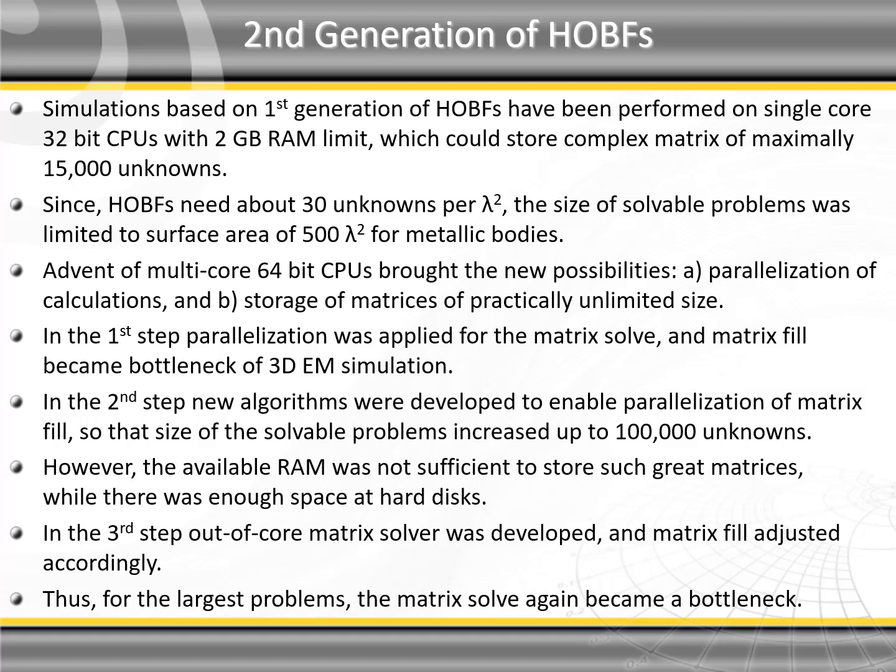In the second step, new algorithms were developed to enable parallelization of matrix fill, so the size of solvable problems increased up to 100,000 unknowns. However, the available RAM was not sufficient to store such great matrices, while there was enough space on hard disks.